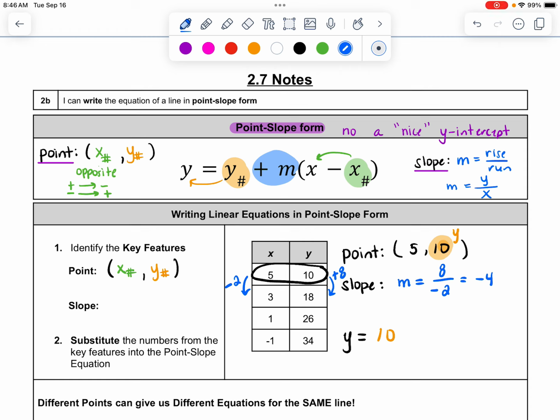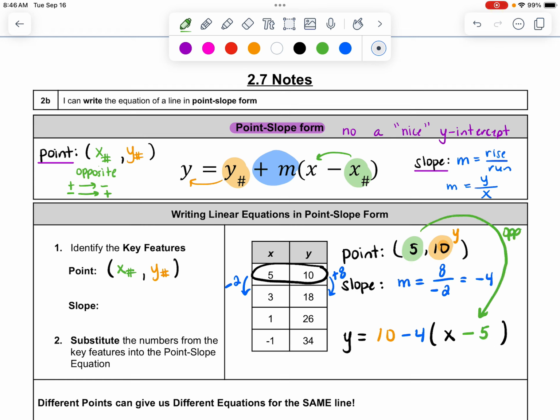The slope is in the middle of the equation, so -4 goes in the middle, and then there's a parentheses with an x in it. Now that x is going to be the opposite of the x number from the point. So since the x number from the point is a +5, my equation is going to say -5.